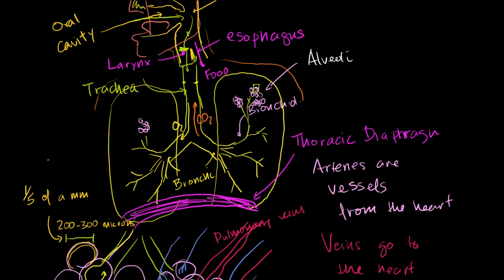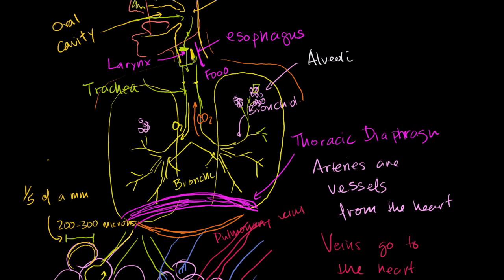And so when it's relaxed, it has this arch shape, and so the lungs are kind of squeezed in. They don't have a lot of volume. But when I breathe in, what's happening is this thoracic diaphragm is contracted. When it's contracted, it gets shorter, but more importantly, it opens up the space where my lungs are, and so my lungs can fill up that space.